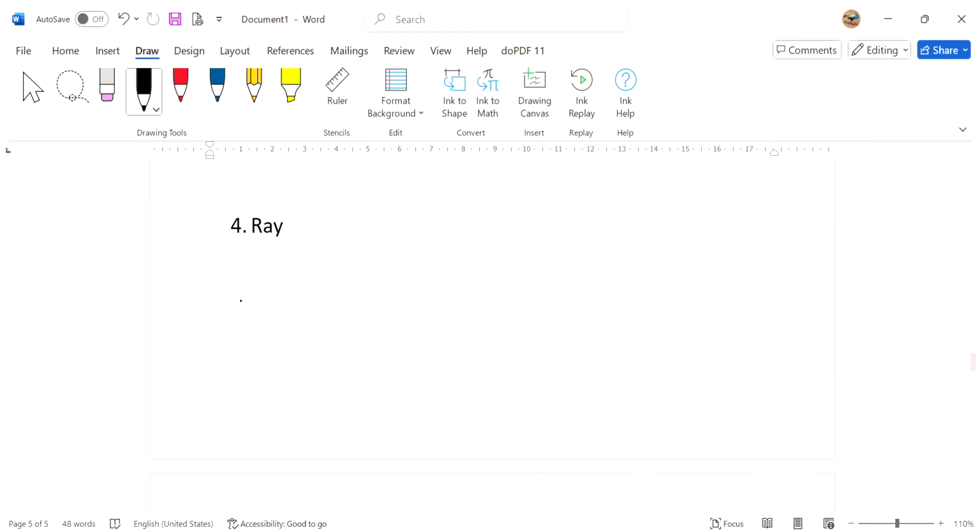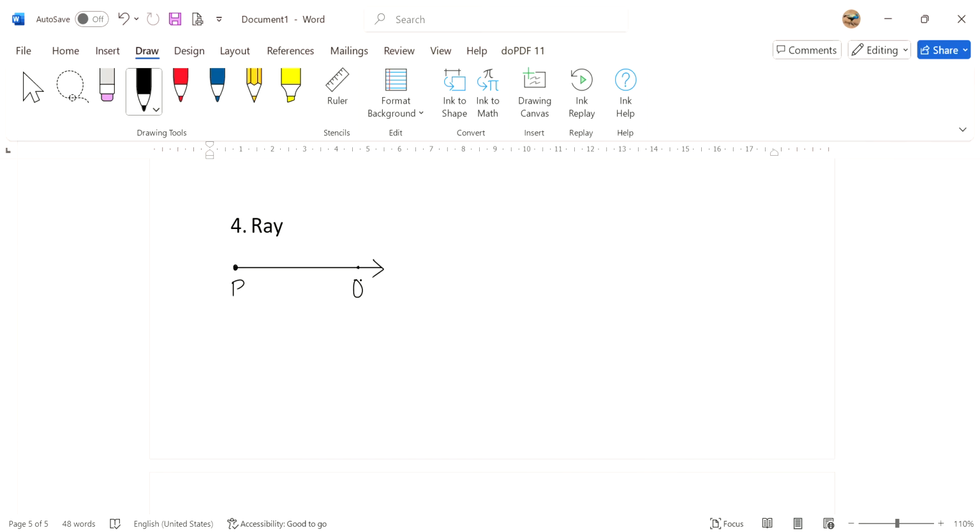A ray will start at a point, okay? It will start at a definitive point and go on to an indefinite point. So there is a starting point over here, let's call it P, and there is an ending point over here, let's call it O. Okay.